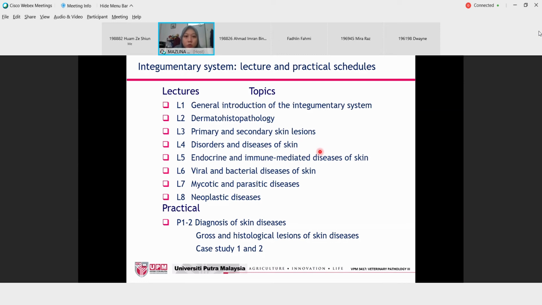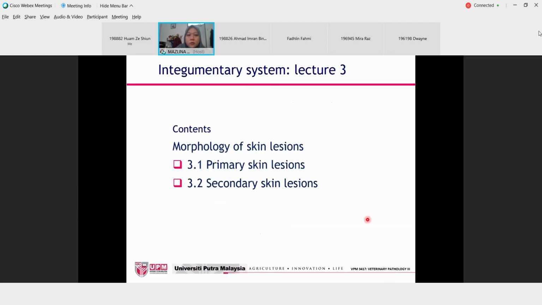That's why we classify the lesions that we see into primary or secondary skin lesions, to help us with the diagnosis of skin diseases. So for lecture 3, we'll be looking at the different types of primary skin lesion and which types of skin lesion are classified under secondary skin lesion.